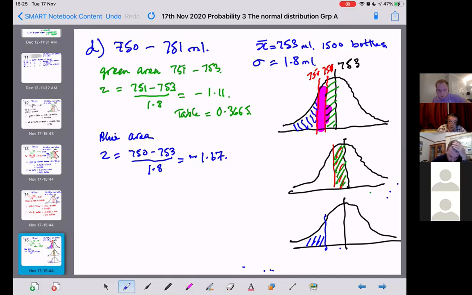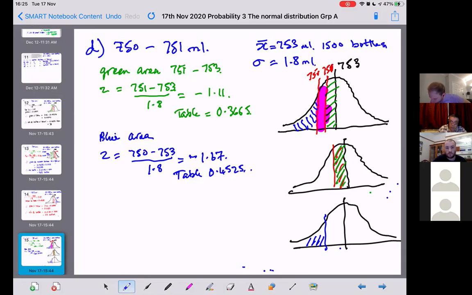So the table value for minus 1.67 is 0.4525. Okay.